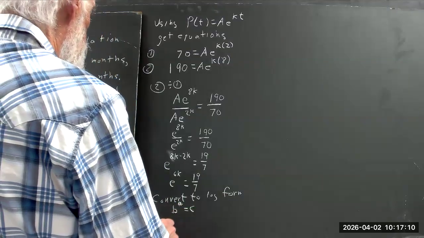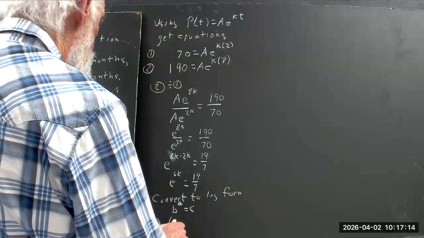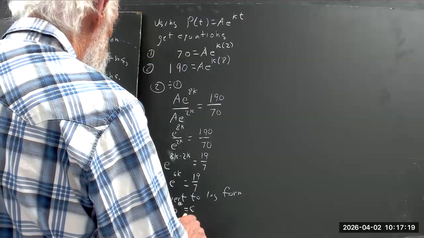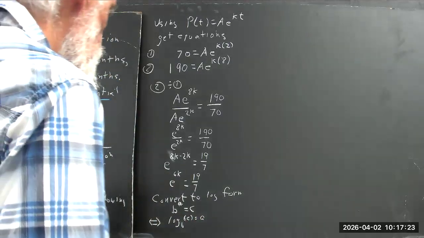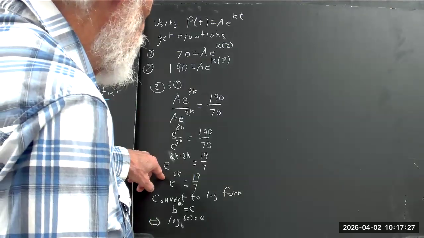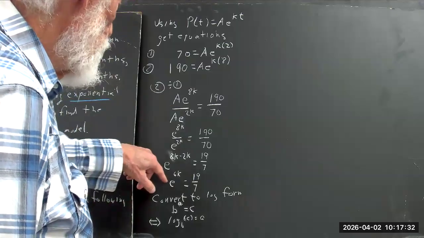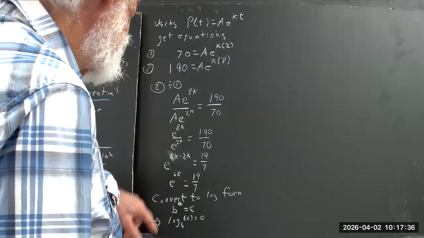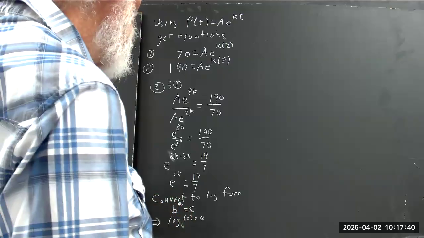B to the A equals C is equivalent to log base B of C equals A. And now we can identify A, B, and C. We have e to the 6k, so B would be e, A would be 6k, and C would be 19/7.